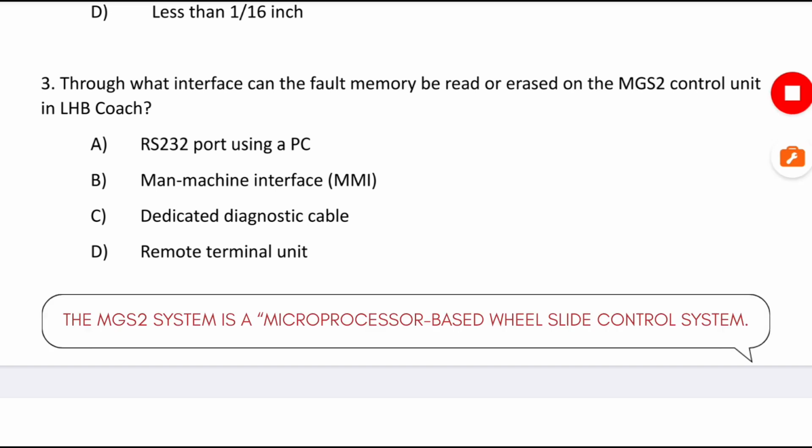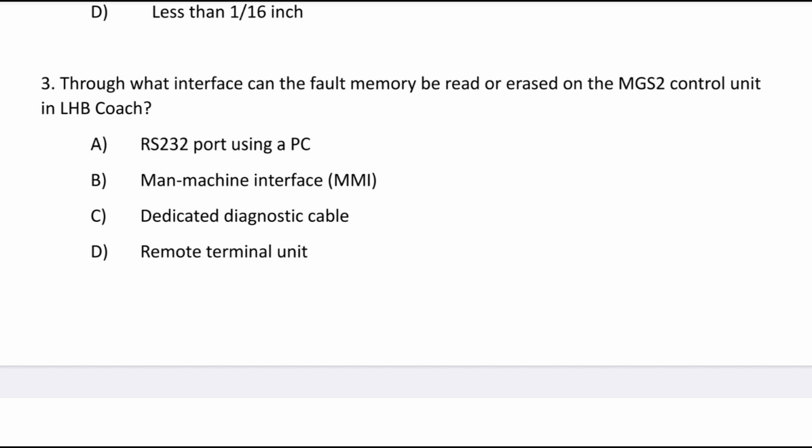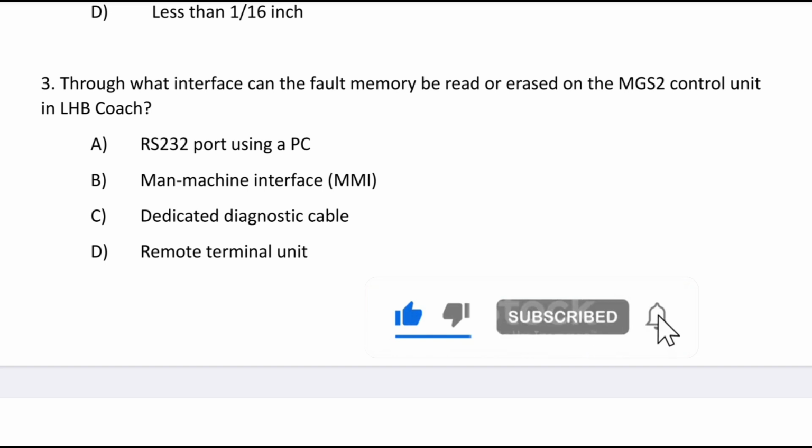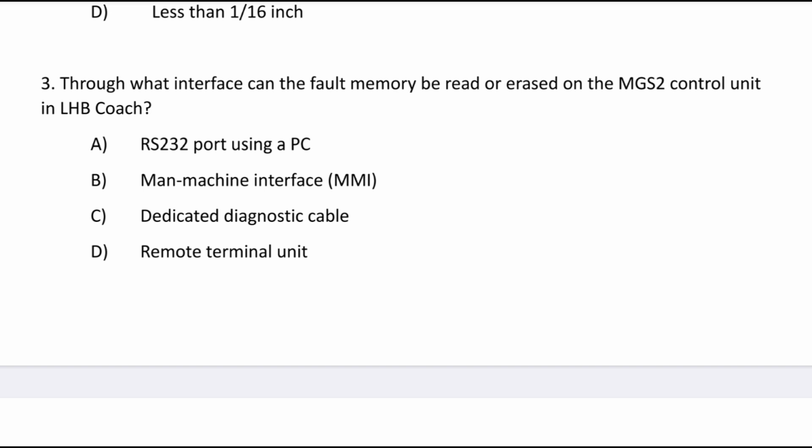The MGS2 system is a microprocessor-based wheel slide control system. The control units are based on ISRA, Electronic System for Railway Applications. Wheel slide control, i.e. acceleration and slip control, is implemented entirely on board MB03 or MB04.